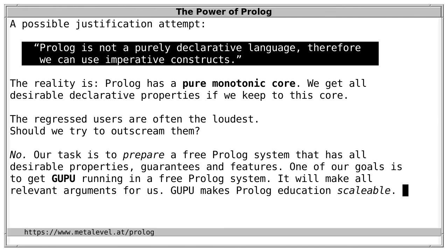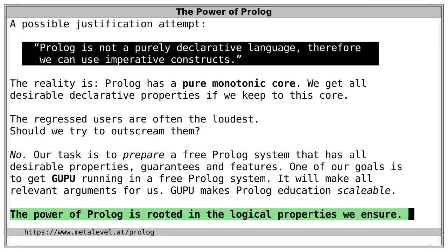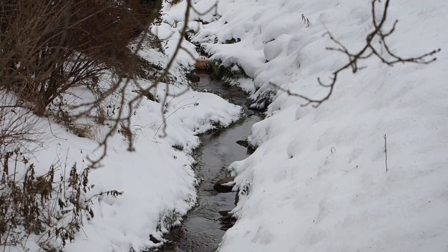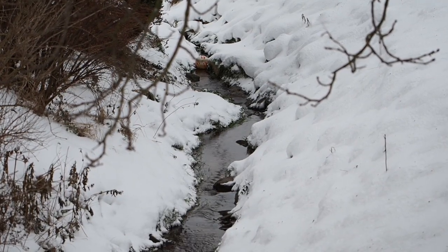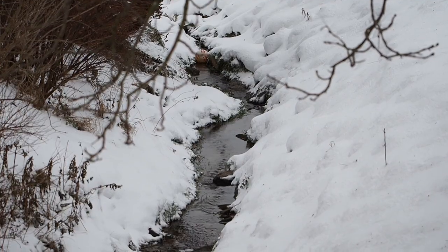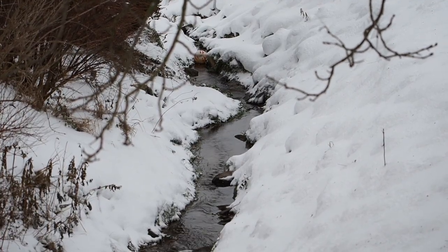And importantly, Gupo makes Prolog education scalable, because we can run it for hundreds and thousands of students at the same time. So, to prevent regression, keep in mind that the power of Prolog is rooted in the logical properties we ensure. And if we violate them, then we can no longer depend on them. And then the core attractions of Prolog are lost.